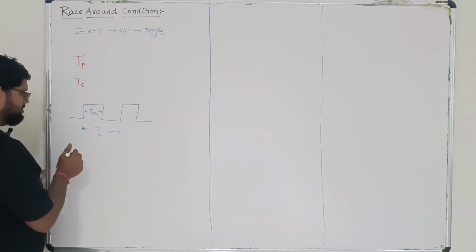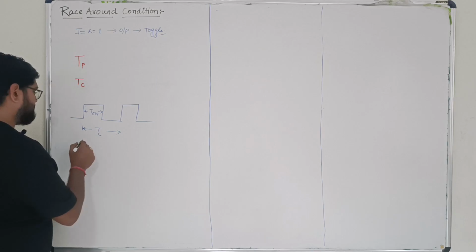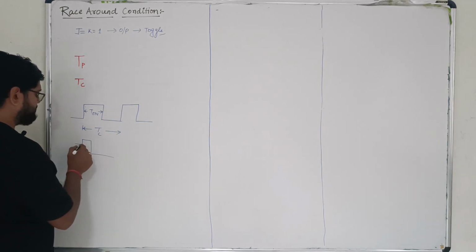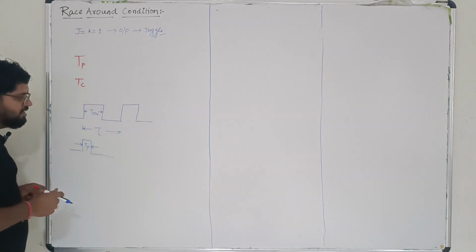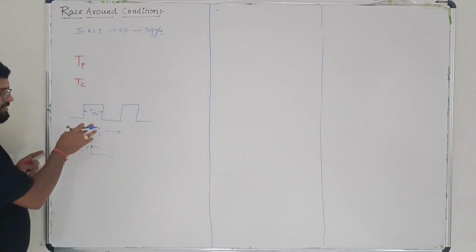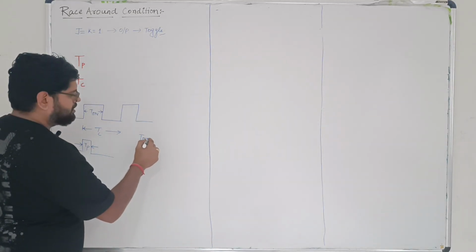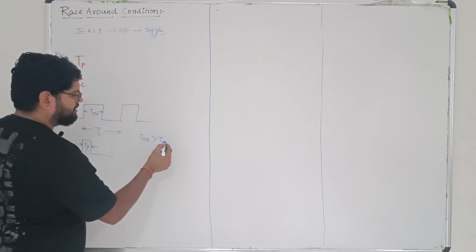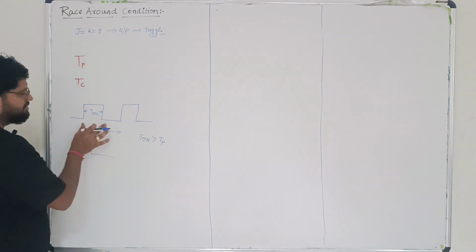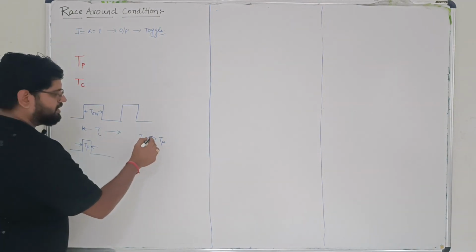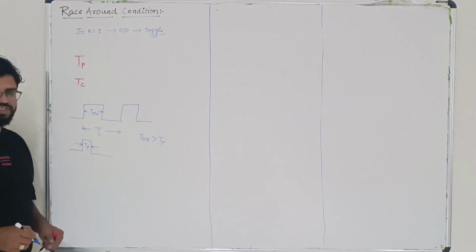Similarly, let us suppose this is our propagation time, which we are calling TP. Now suppose T on is greater than TP. T on means half of the time period of the clock signal, TC by 2, greater than the propagation time TP.